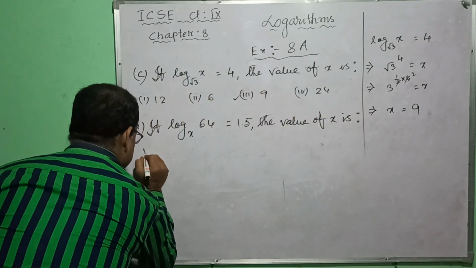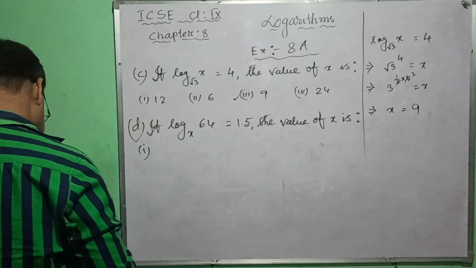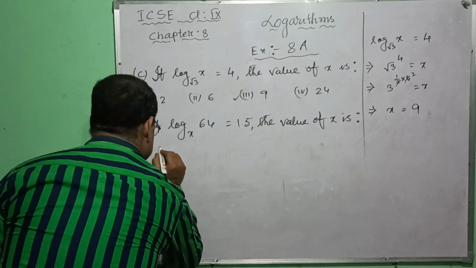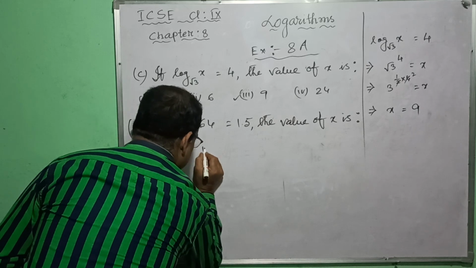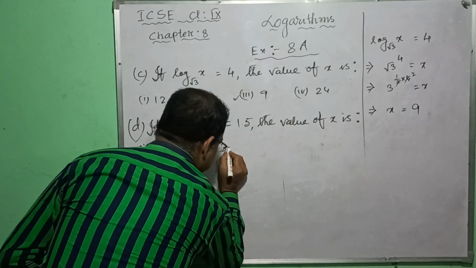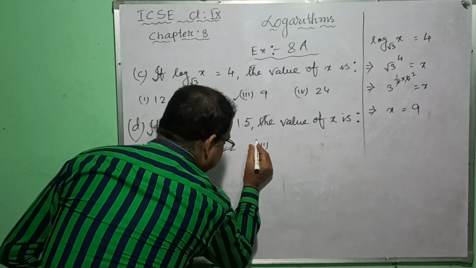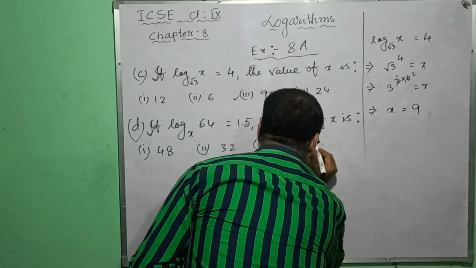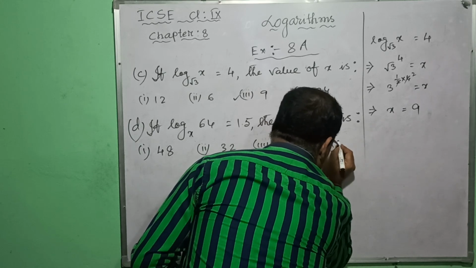Here again the options are given. Number 1, 48, option 2, 32, option 3, 64, and option 4 is 16.